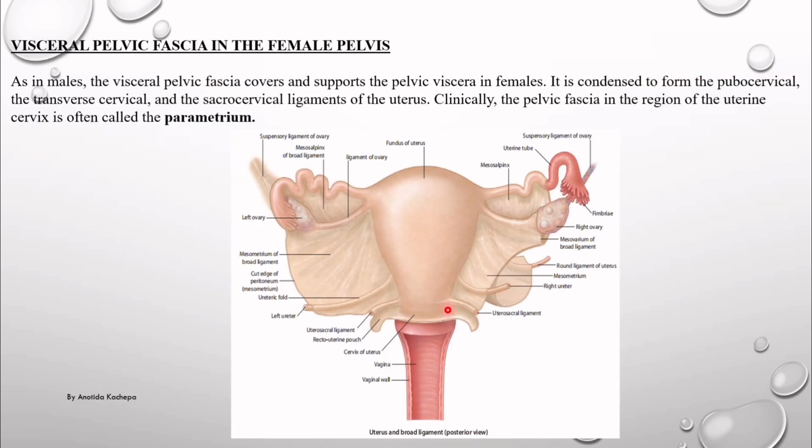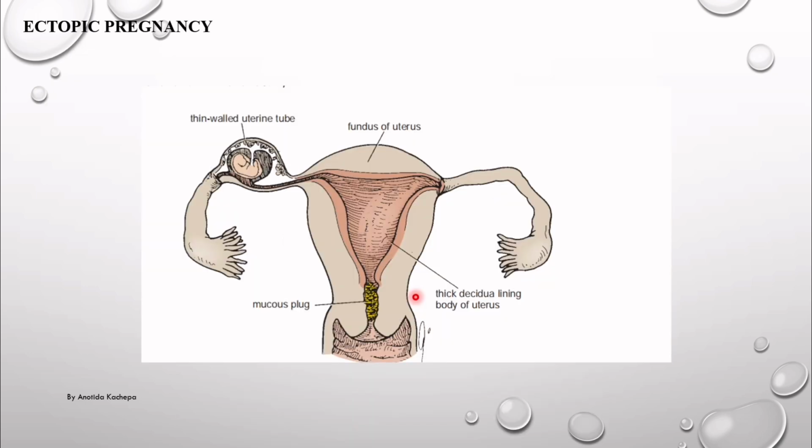Then we should appreciate that the visceral pelvic fascia around the cervix here is called the parametrium. Then we have this clinical point: normal implantation happens at this area, the what?